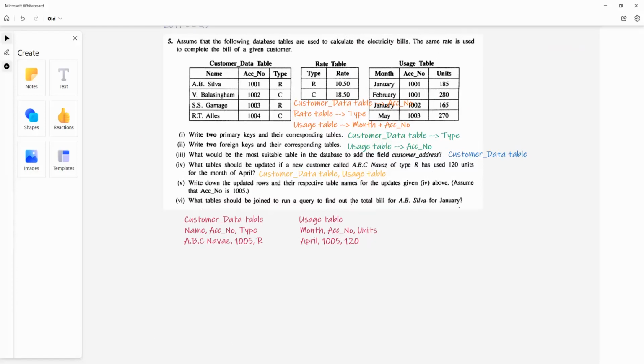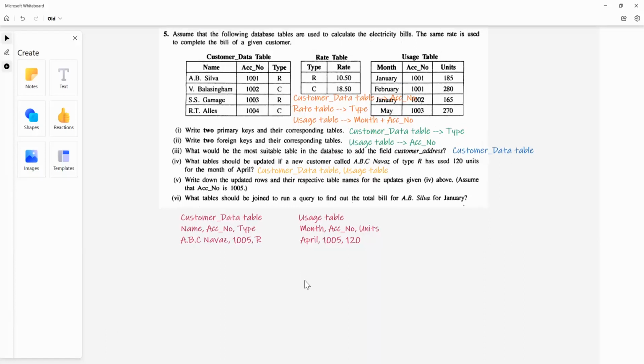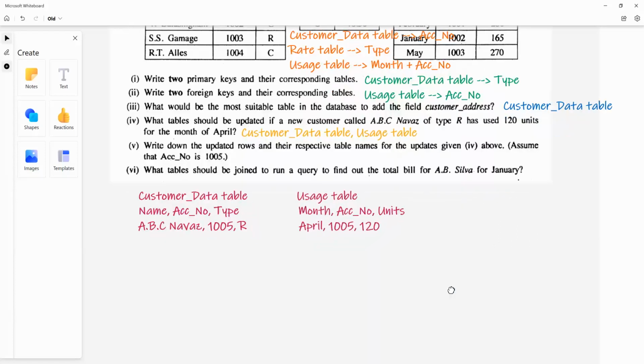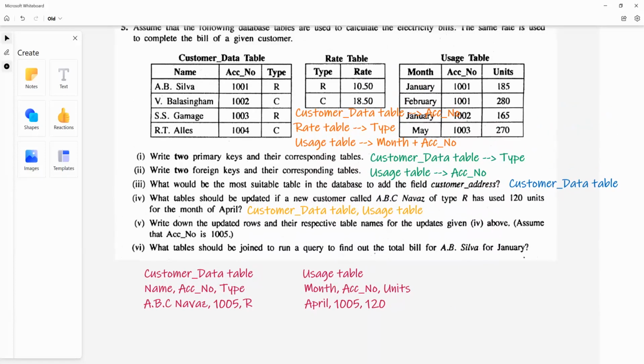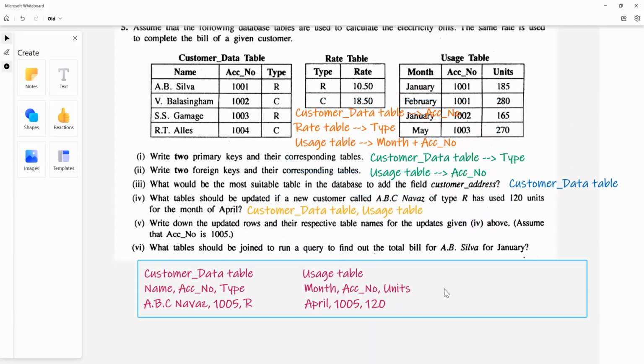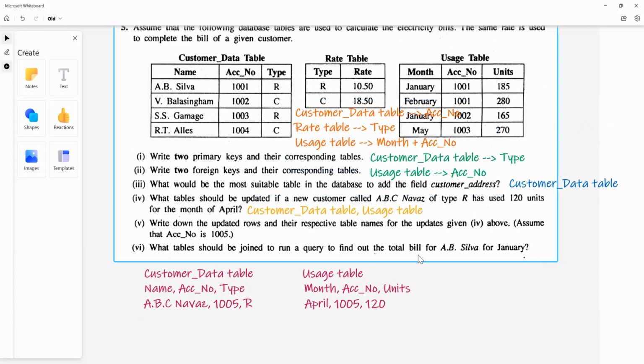So what tables should be joined? That means the customer data table should be connected anyway.